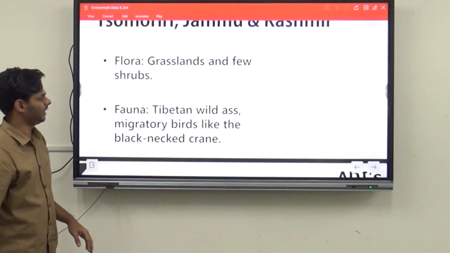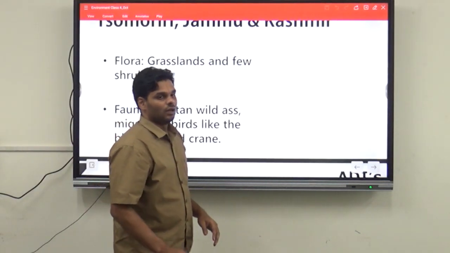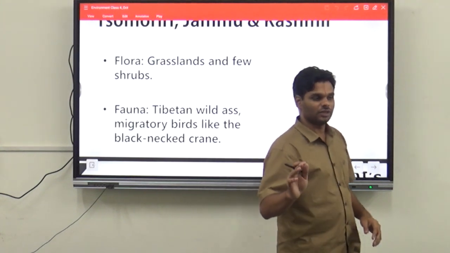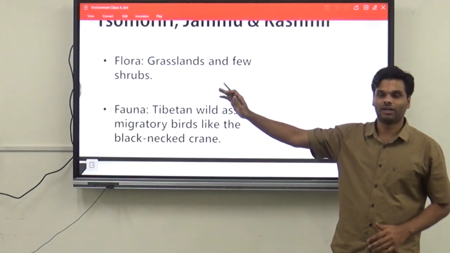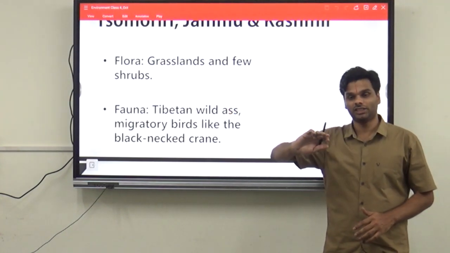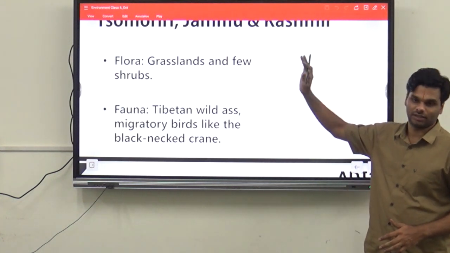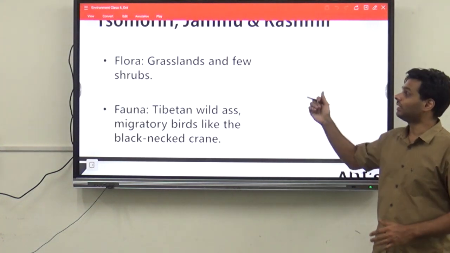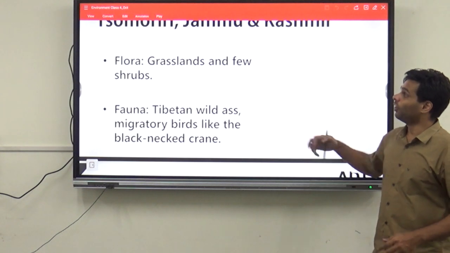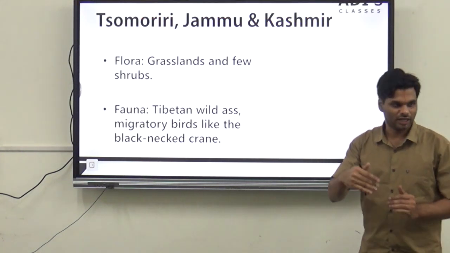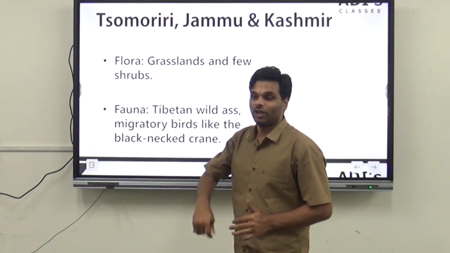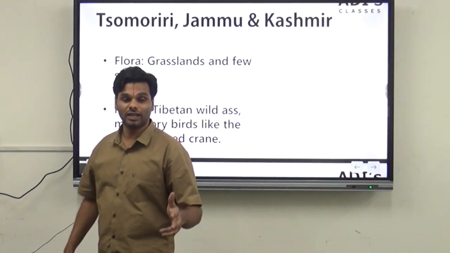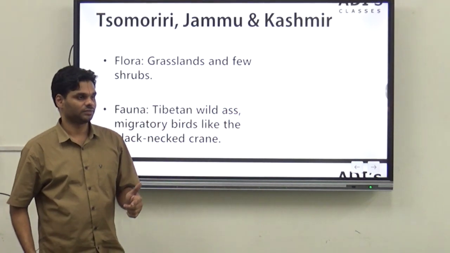So this is Somoriri. You have the Tibetan wild ass, the last known wild ass in the world that is in the free range and endemic to this region. Also, very interestingly, if you start going into the hills, you start looking at snow leopards.